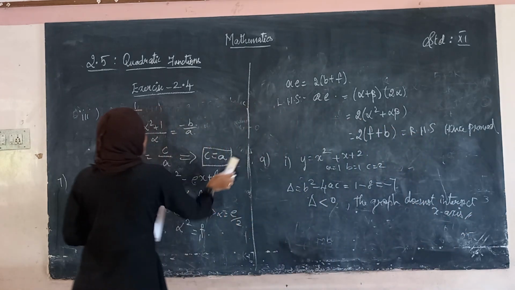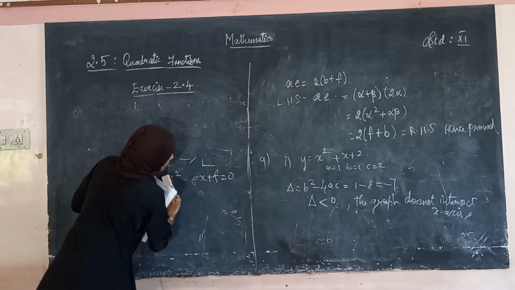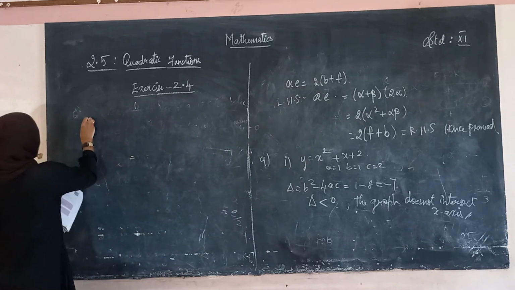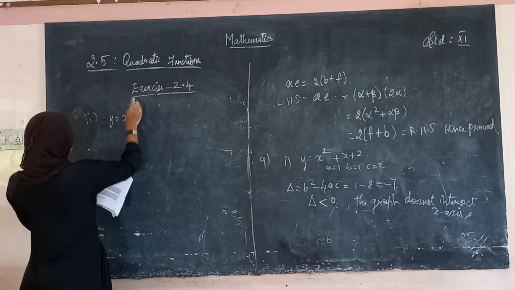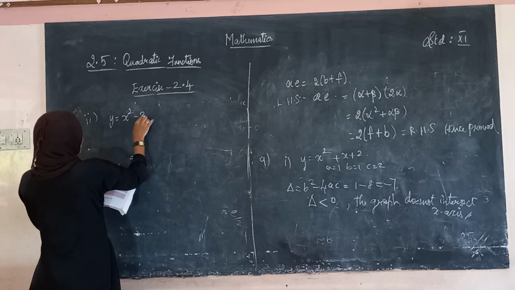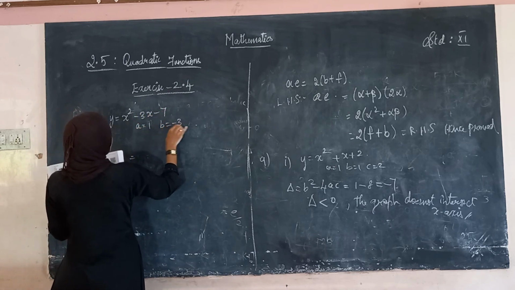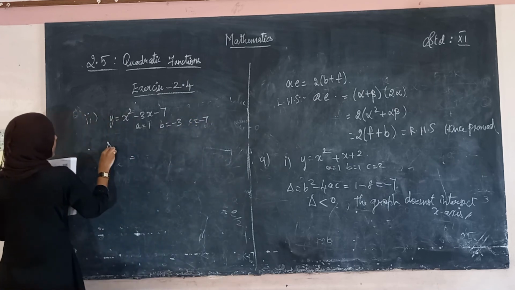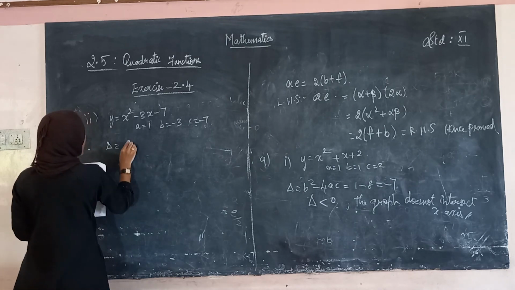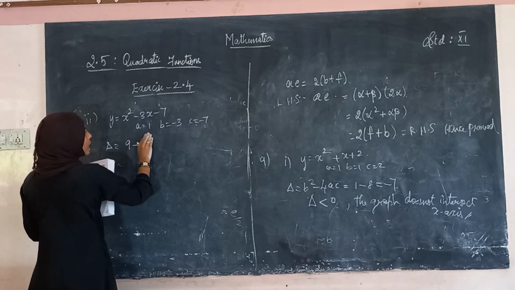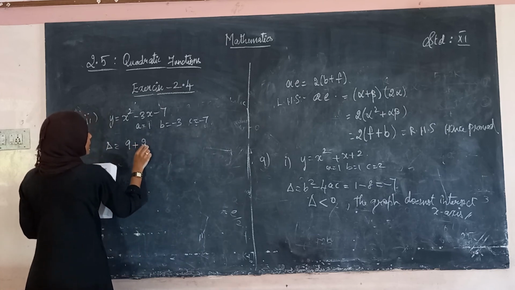So now let us see the second subdivision. Second subdivision is y is equal to x squared minus 3x minus 7. Here a is equal to 1, b is equal to minus 3, c is equal to minus 7. Del is equal to b square minus 4ac. b square, minus 3 whole square is 9, minus 4 into a into c. 4 into 1 is 4, 4 into minus 7 is minus 28.